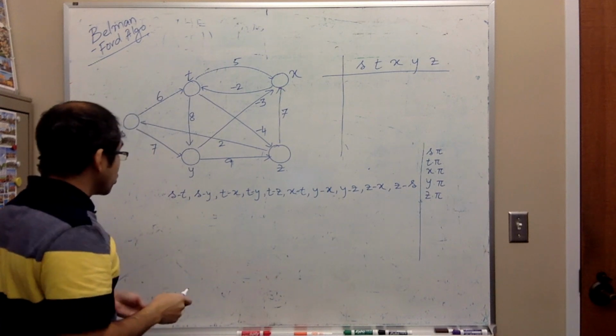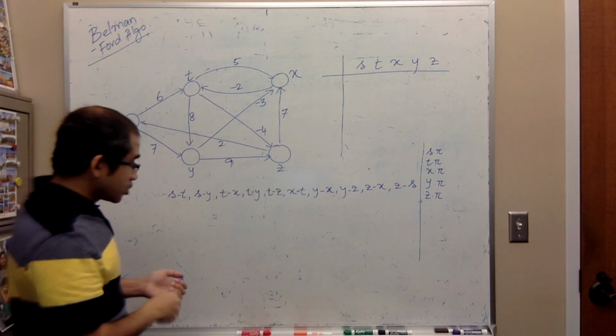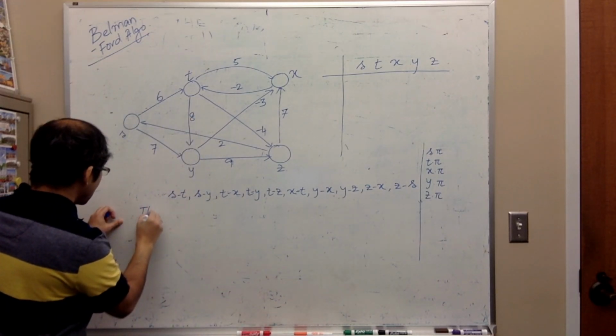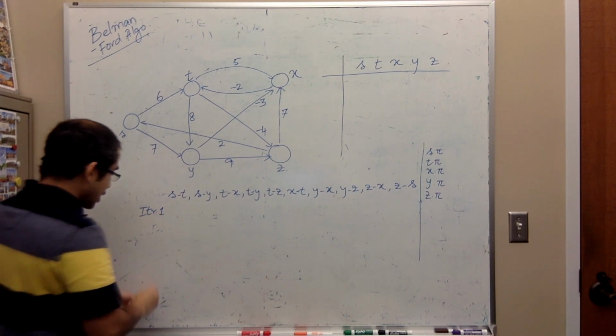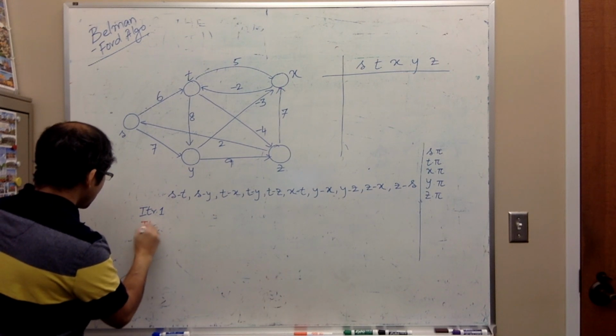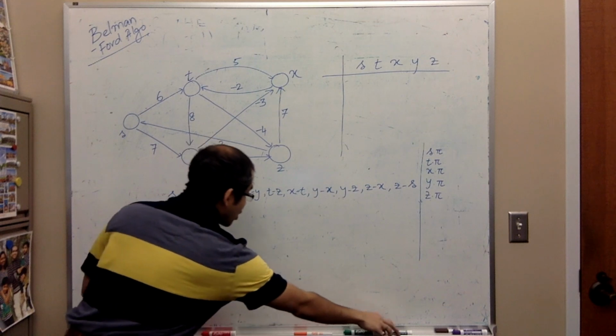So we will relax the edges in that order. Let me write it. Iteration 1 will be ITR1 using blue, and then ITR2 using red, just so that I remember.